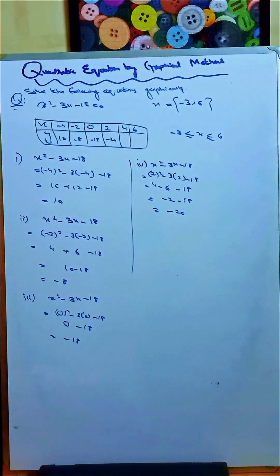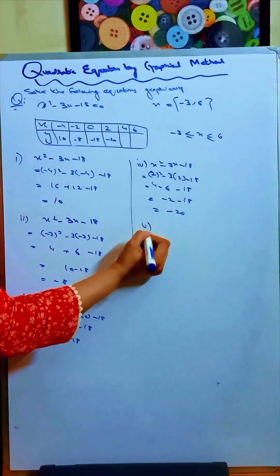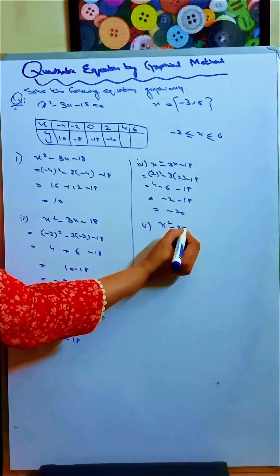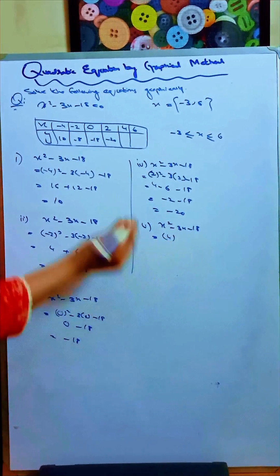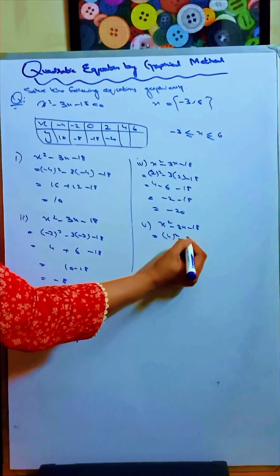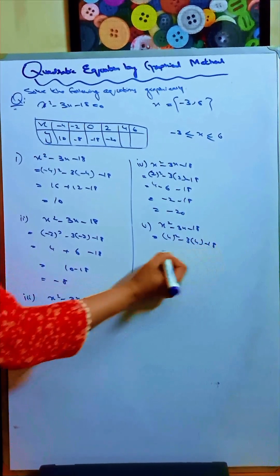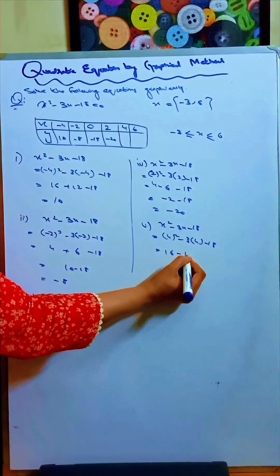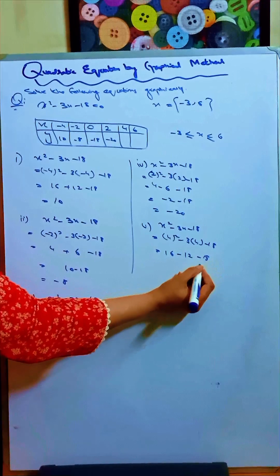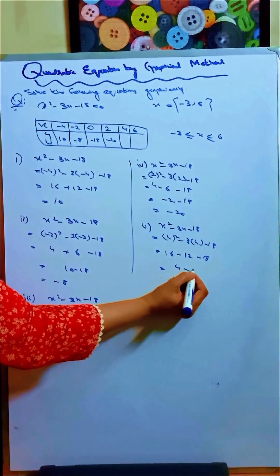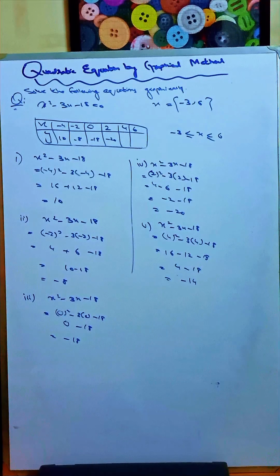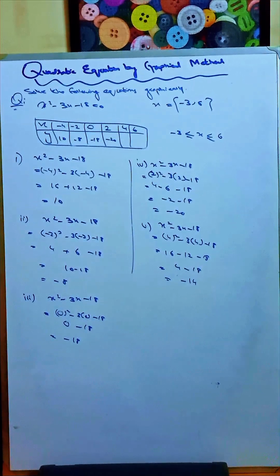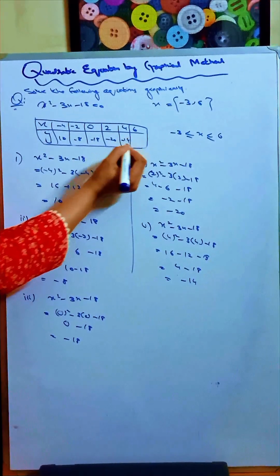Now next, the fifth point: x squared minus 3x minus 18. If x is 4: 4 squared minus 3 times 4 minus 18. 16 minus 12 minus 18. 16 minus 12 is 4, minus 18, that is minus 14. So put the values here: if x is 4, y is minus 14.